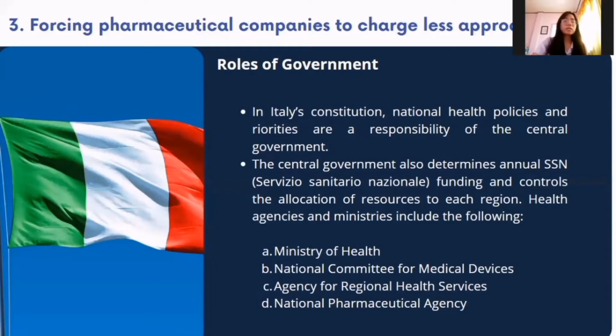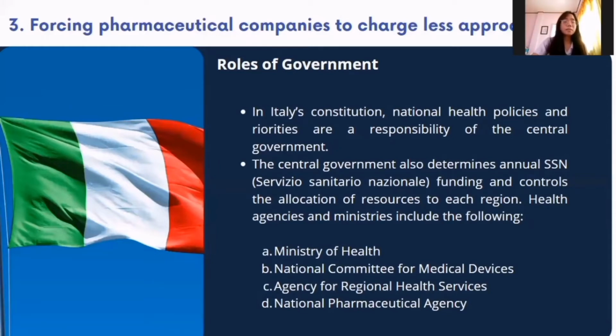In Italy's constitution, national health policies and priorities are a responsibility of the central government. The central government also determines annual SSN, Servizio Sanitario Nazionale, funding, and controls the allocation of resources to each region.